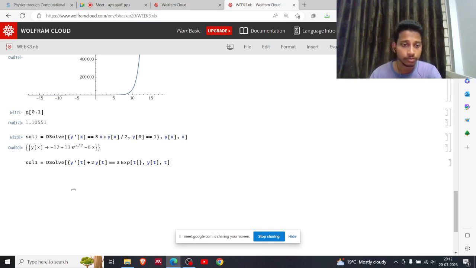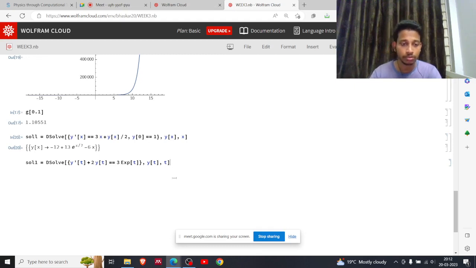Okay, so the thing that is missing is that I have written down the differential equation, but I have not mentioned any initial value, like what is the value of y at t equal to 0.